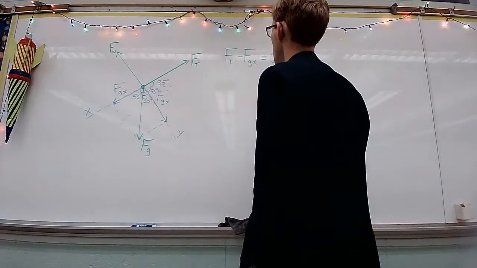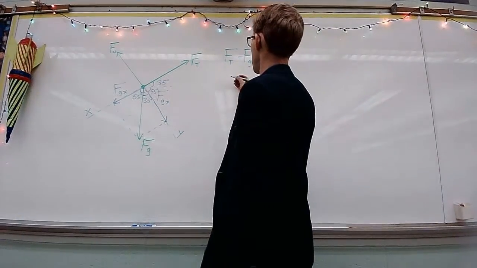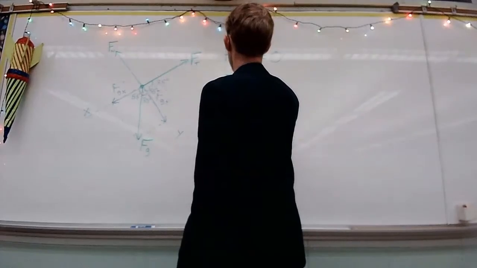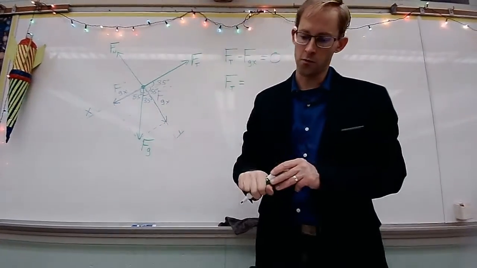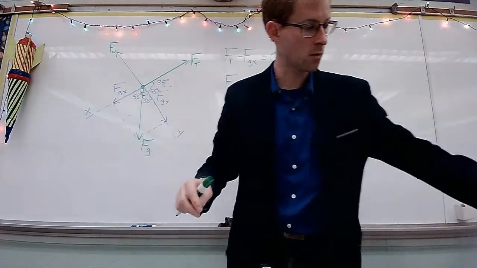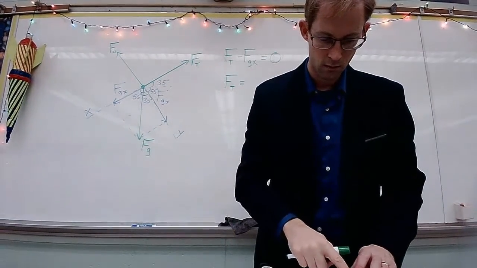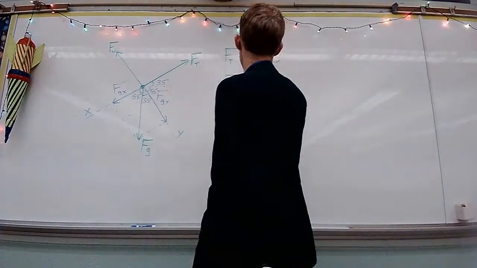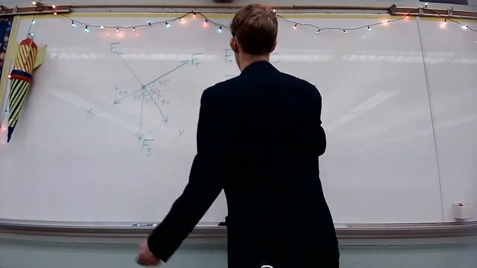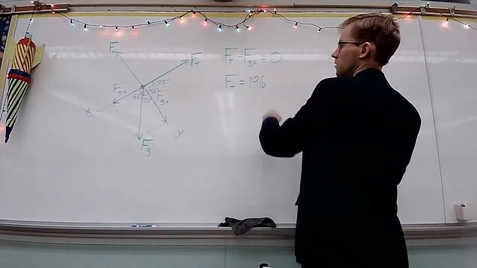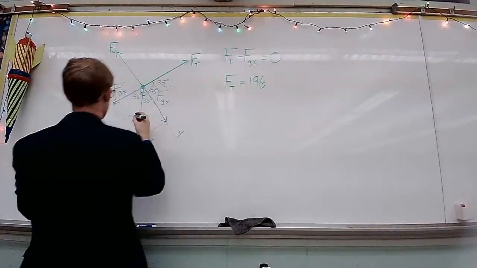And so we know tension force. Tension force is 9.8 times 20. So that's 196. And therefore, 196 is equal to force of gravity in the x direction.